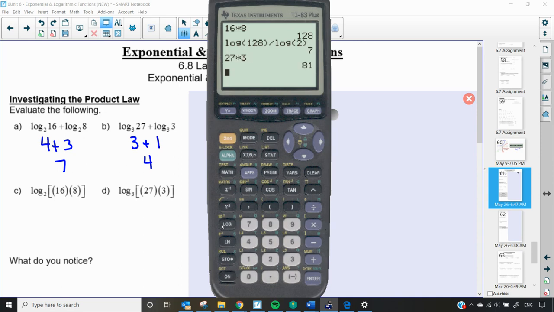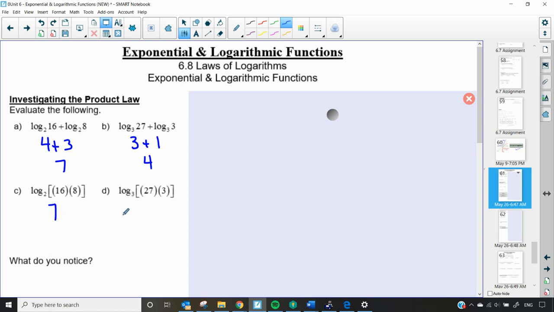Log of 81 divided by log of 3 is 4. So we had log base 2 of 128 was 7, and here we had log base 3 of 81 was 4.